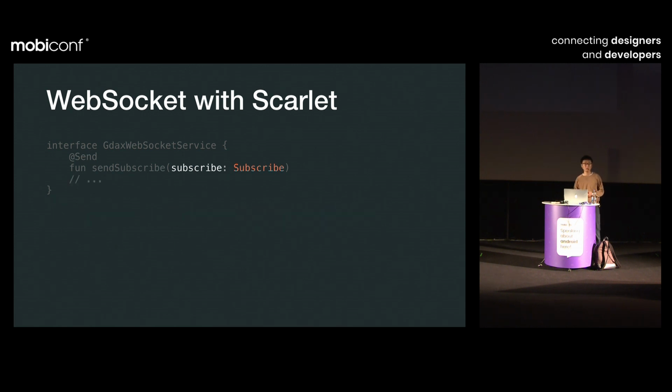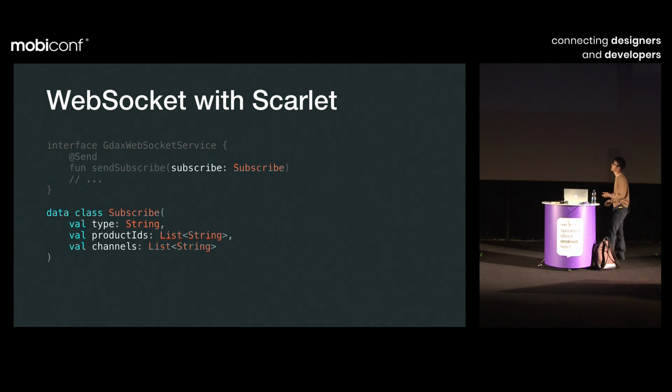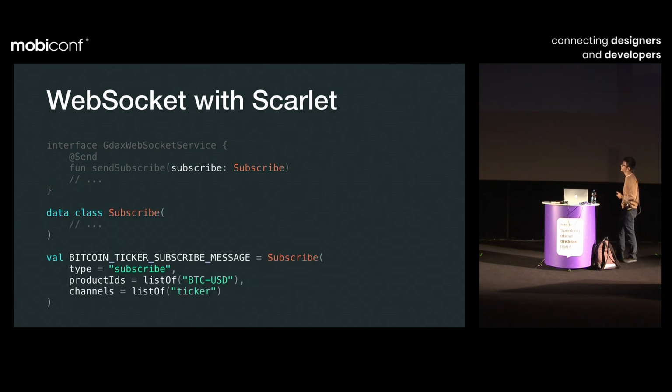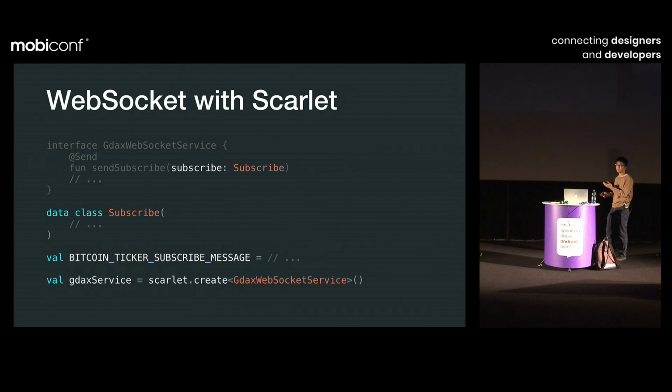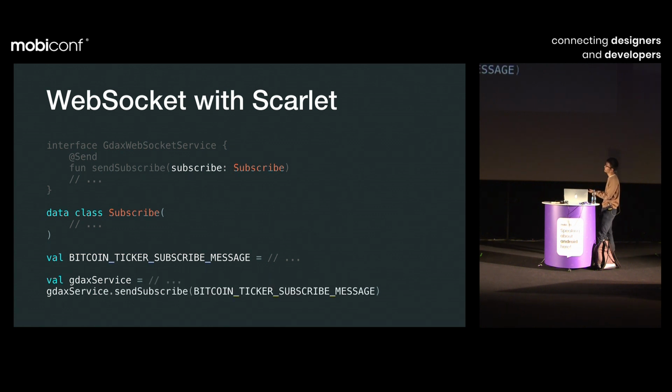In this case, we want to send a subscribe message. A subscribe message looks like this. Because we're interested in the Bitcoin price, we want to send this message to the server. After we create an implementation of this interface, we use this method to send the subscribe message.